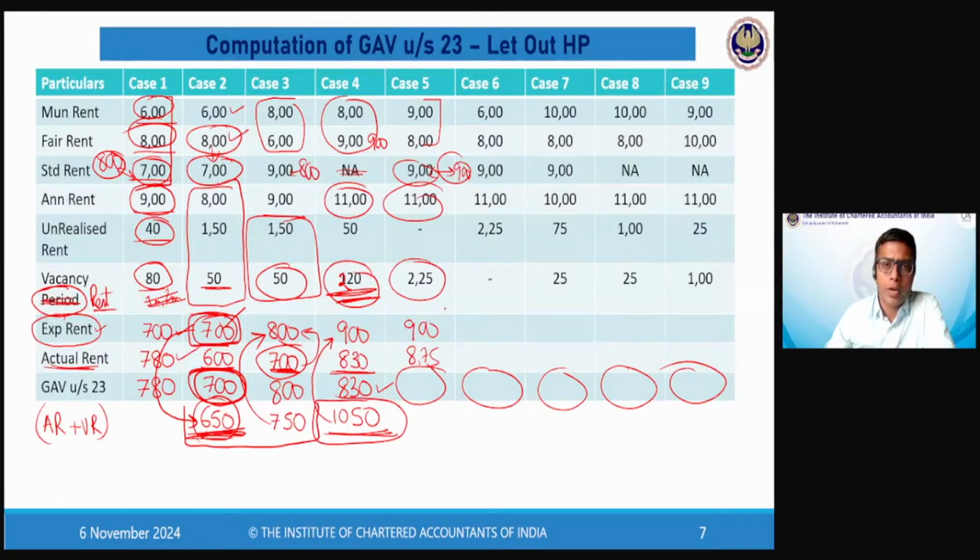Correct? Now had there been no vacancy, my amount of AR would have been 1100 only. It means this ER is appearing as greater than AR only because of vacancy, not because of any other reason. So if it is because of vacancy only, then my GAV will be AR only, not ER.